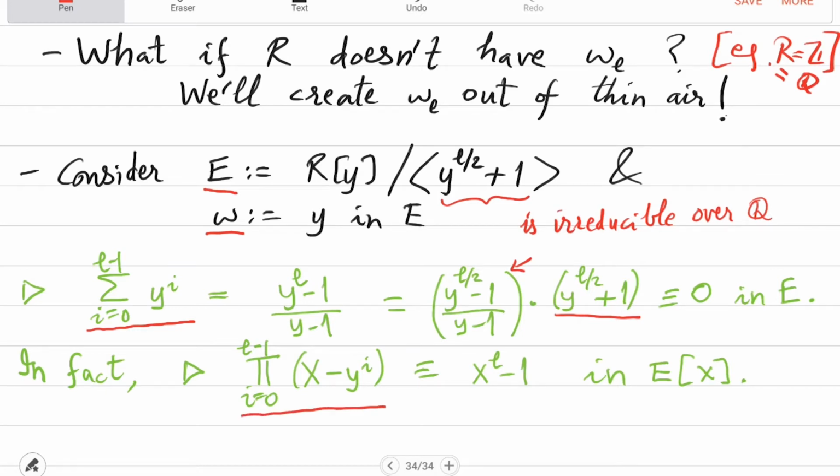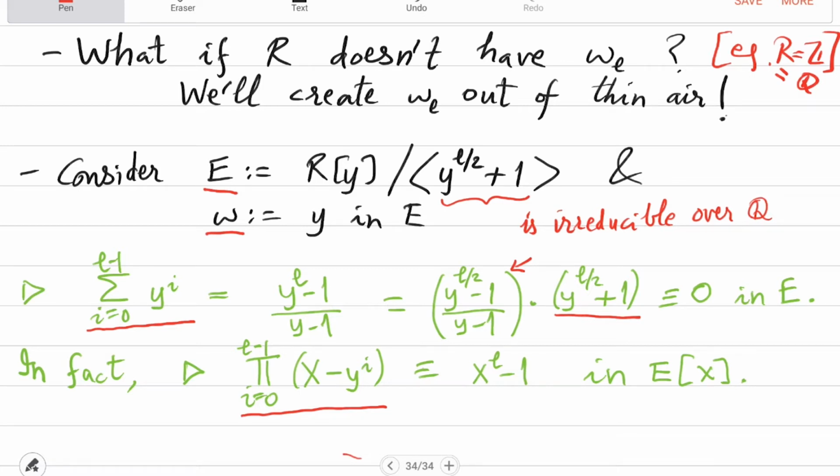What is the product of x minus y to the i? I'm not sure whether I need all the power of this, but you can see this product will be x to the L minus 1. I won't discuss the proof of this, but you can do it as an exercise if you want.